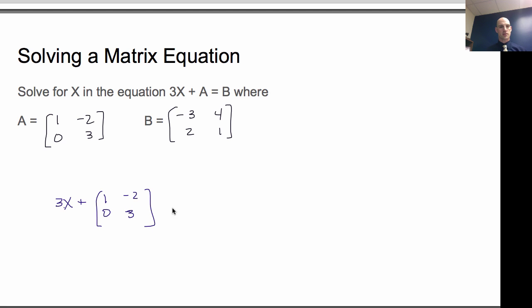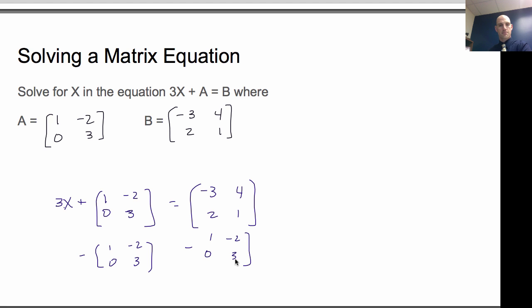So 3x plus this matrix is equal to this matrix. I'm going to solve this like any other equation. And so all I need to do is get the x by itself. And so first, I'm going to subtract this matrix.